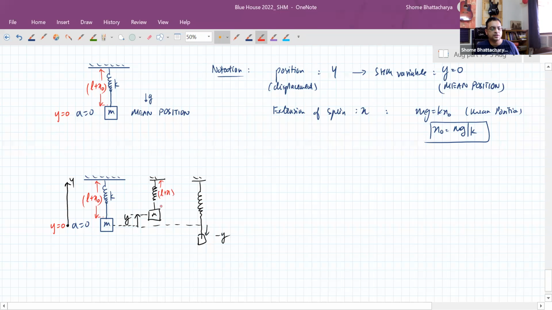So here, the extension of the spring in this case would have become x0 minus y. And if y is greater than x0, then it's actually compressed. So we will see it will have a downward acceleration because mg is dominating. And in this diagram, we'll see the extension of the spring has become x0 again minus y, but y is a negative quantity.